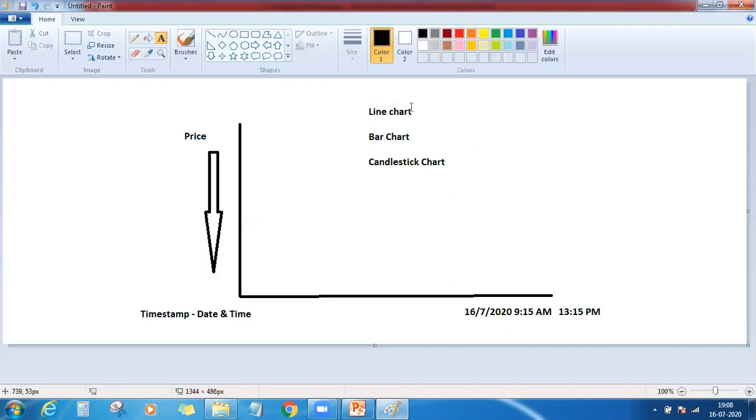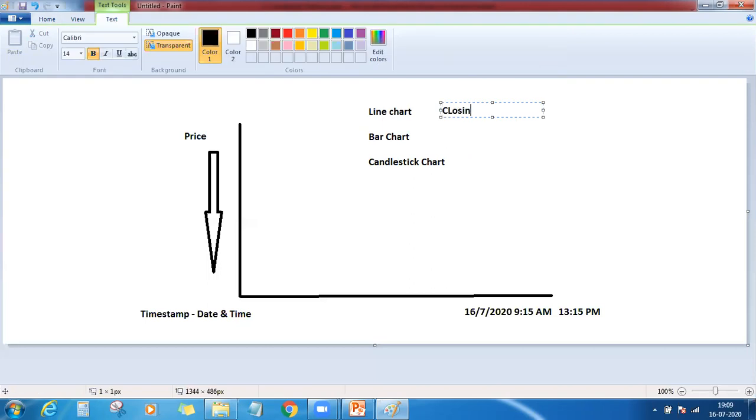In a line chart, we only consider the closing prices of the intervals. If it is a 5-minute time frame, we'll consider only the closing price. Taking the example from 9:15 to 9:20, a 5-minute interval, you will take the closing price at 9:20.